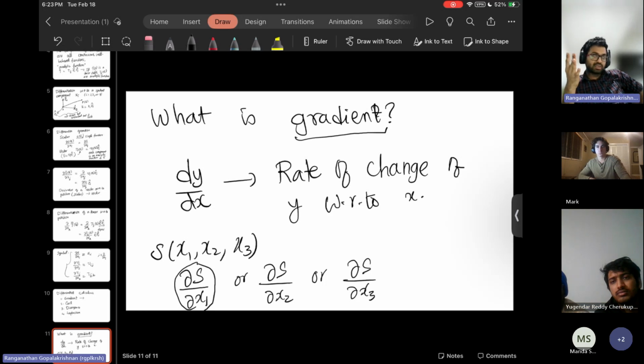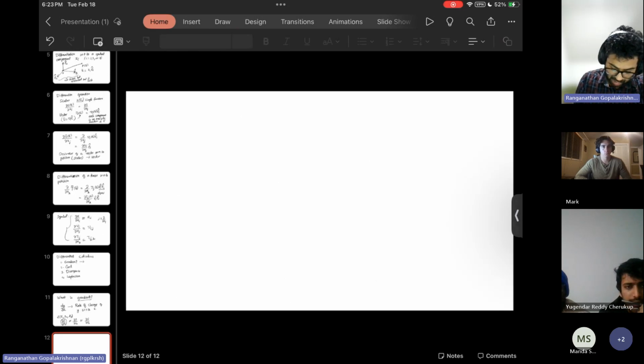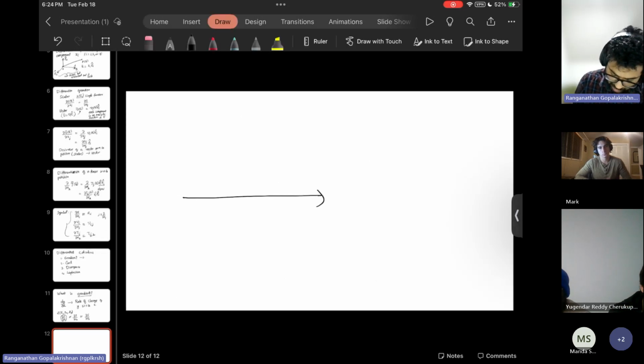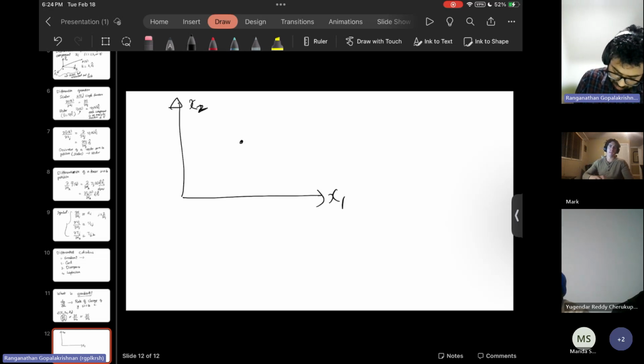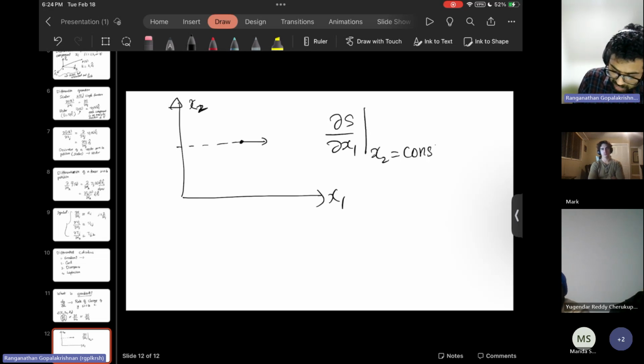So x1, x2, x3 are directions. It's like saying if I travel along the x1 direction while I'm not moving along x2 and x3. If I draw x1 and x2, and not x3 just for simplicity, and I travel along x1 while staying at the same x2, partial s over partial x1 is like saying holding x2 equal to constant.